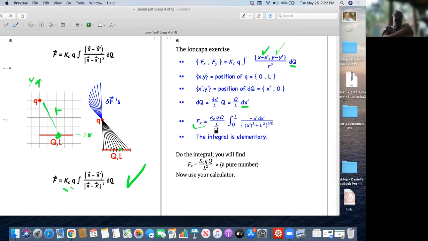They just multiply the integral. Now, what's the function? Well, for fx, it's x minus x prime. It's 0 minus x prime. So it's minus x prime. And then dq gives me dx prime. And now what's r? Well, r squared, look at this little right triangle here. R squared is x prime squared plus L squared. But this is r cubed. So this will be x prime squared plus L squared to the 3/2 power.